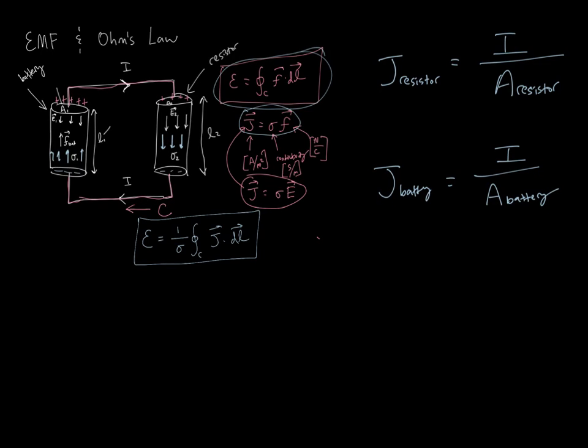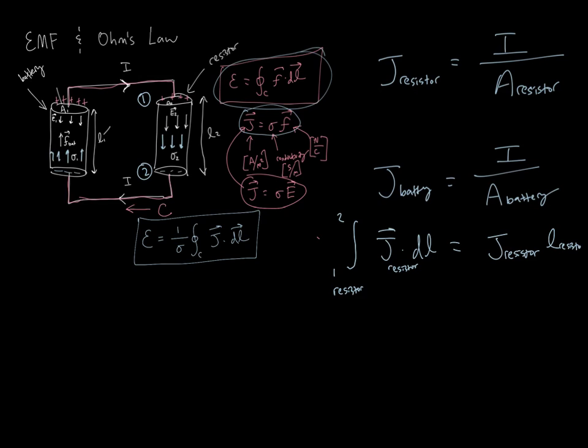We also note that if we took a line integral of J dot dl, and we're inside, let's say, the resistor, going from one end to the other, so let's label this end 1 and end 2, so we're going from 1 to 2 inside the resistor, this would simply equal J, the current density inside the resistor, times the length of the resistor.